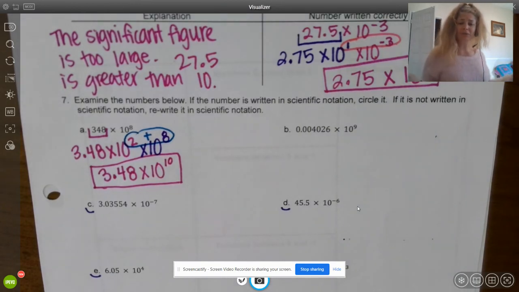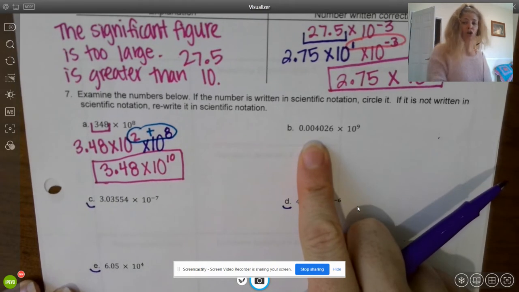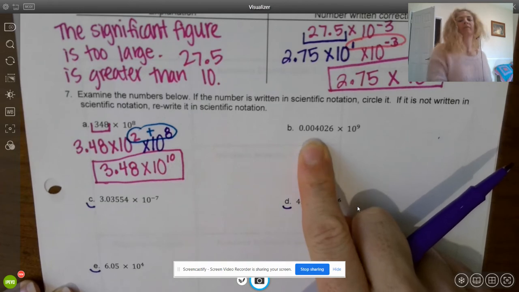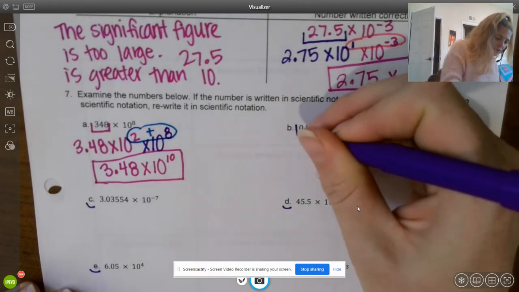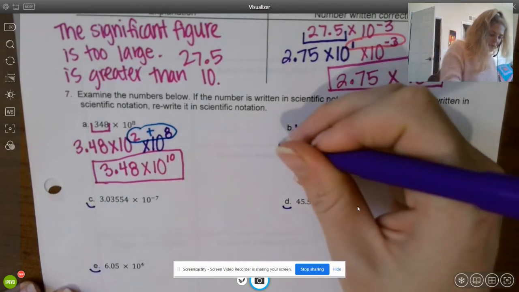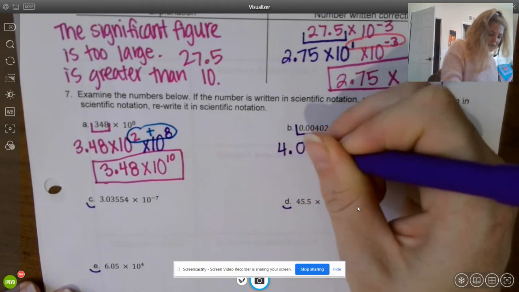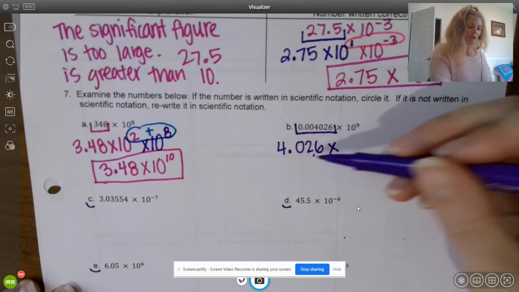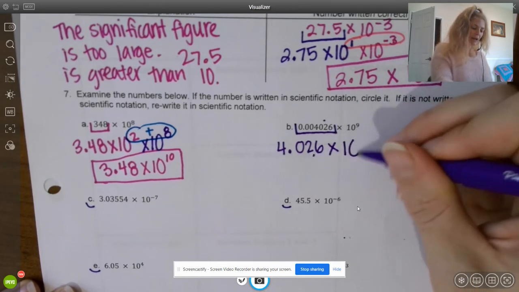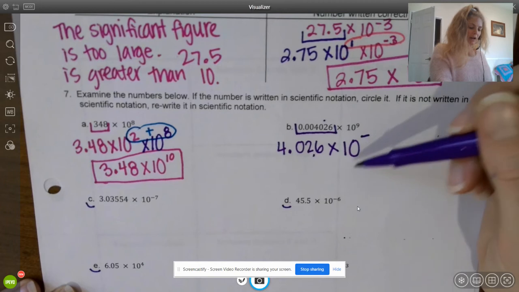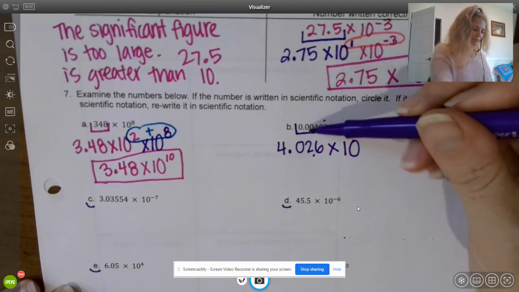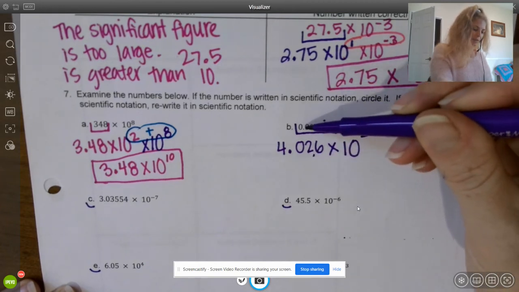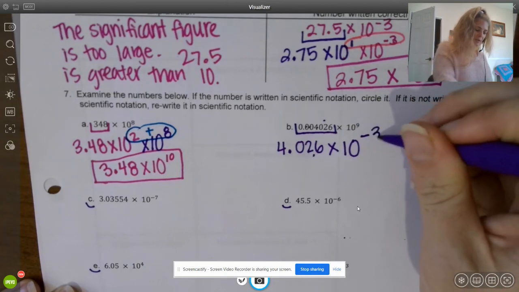Oh no, this isn't written in scientific notation either. That significant figure is too small. So we want to focus on just that value, and we would think it's 4.026 times. Well, remember, this is bigger. This new number we've written is larger, so this is going to be a negative exponent for the power of 10. And to go back here, we'd have to go 1, 2, 3 decimal places over.